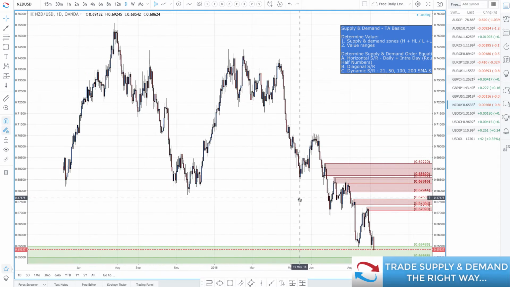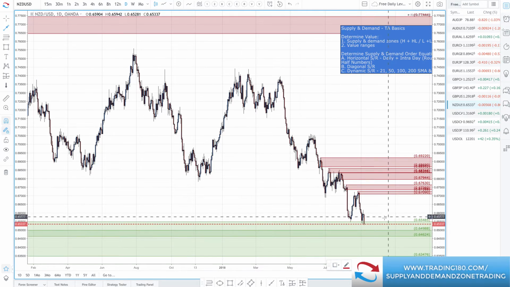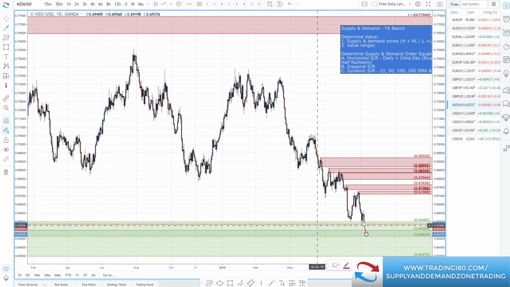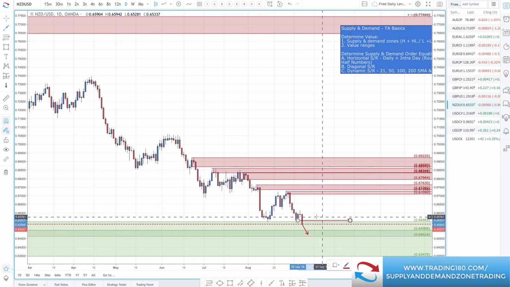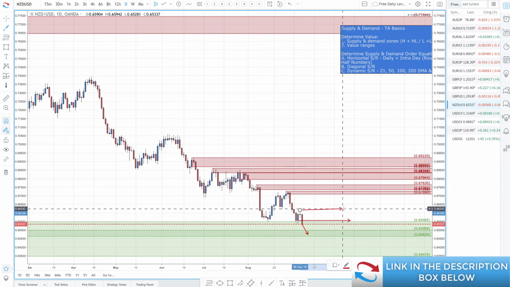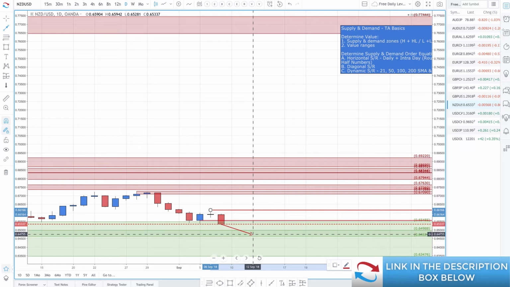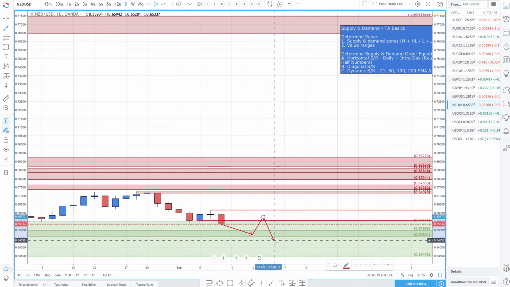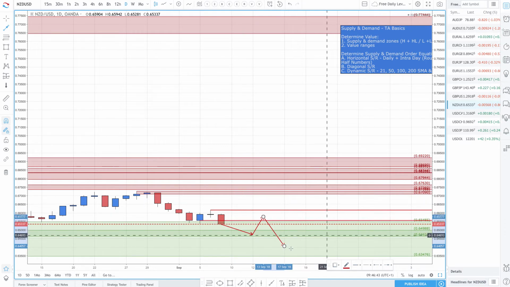So what we're waiting for, if we're looking to get short, is a better move lower, and then this becomes a level of supply, right? And then you'd be looking for a move up, and then a continuation of the move.